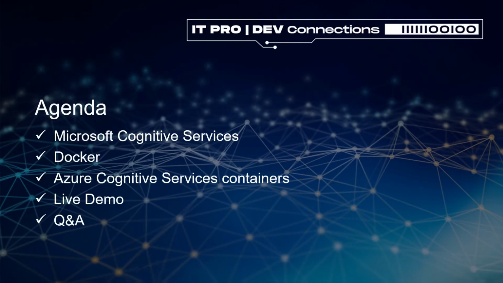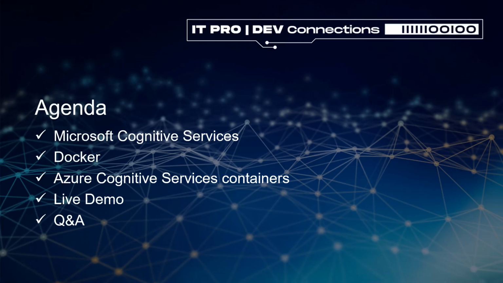So, today's agenda, we're going to see a little bit what Microsoft Cognitive Services are and how we can use them. I'm going to give a brief introduction to Docker. Hopefully all of you know it, and if it sounds interesting enough, you can go ahead and research it further.